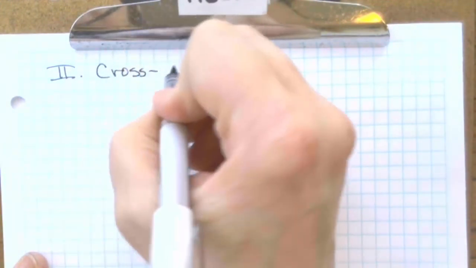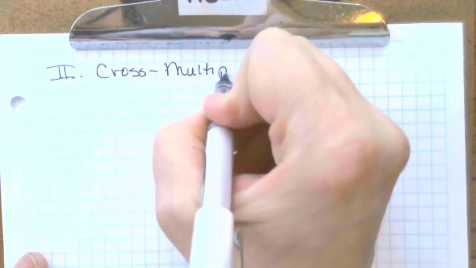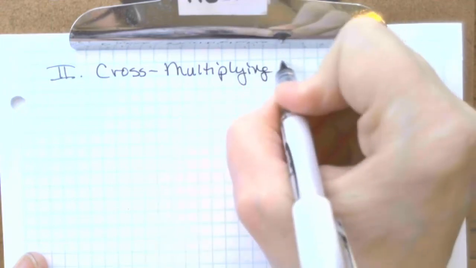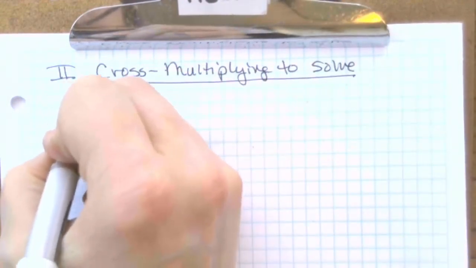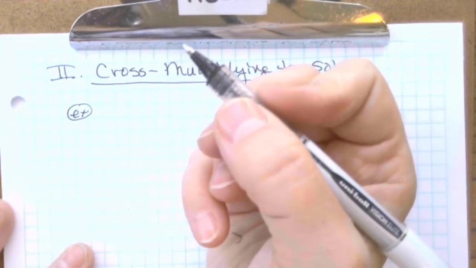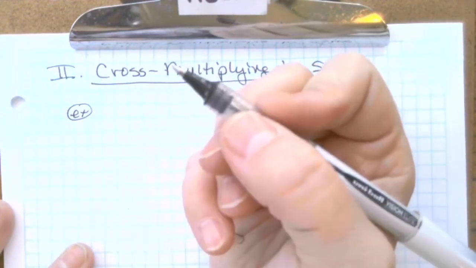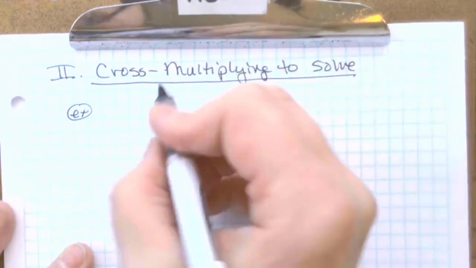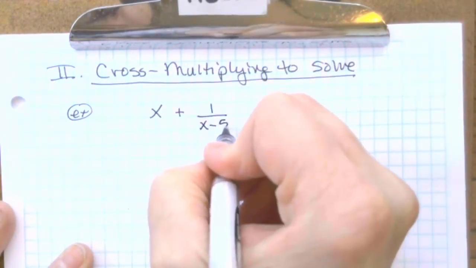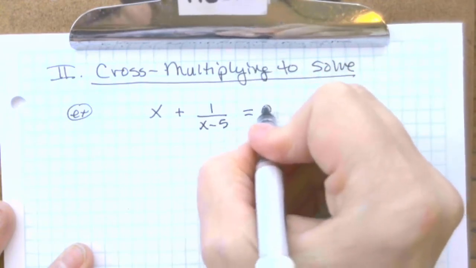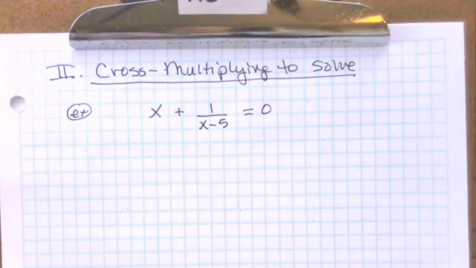Cross multiplying to solve. So we're going to do an example. Let's see. X plus 1 over x minus 5 equals 0.